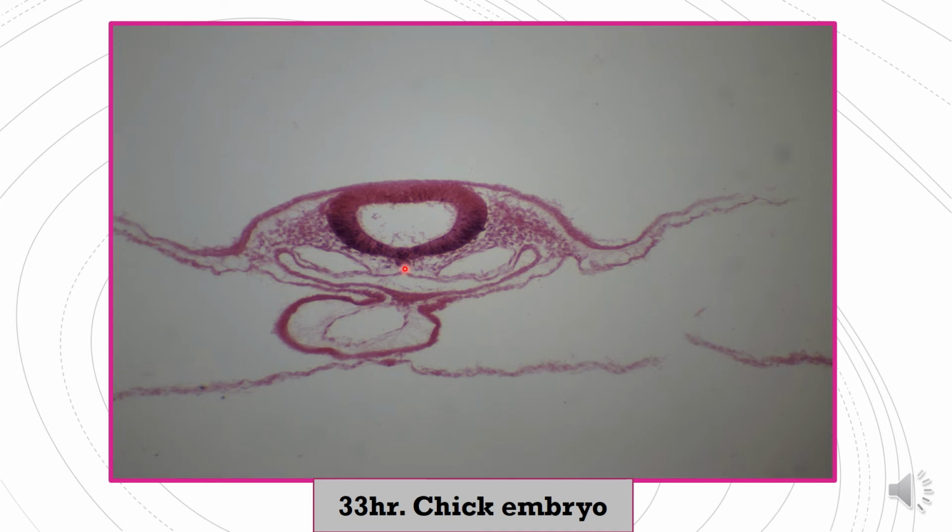Again, neural tube, notochord, paraxial mesoderm, intermediate mesoderm, parietal lateral plate of the mesoderm, ectoderm, visceral lateral plate of the mesoderm, dorsal aorta, bilateral dorsal aorta, pharynx, and this is the single heart tube, consisting of three layers: endocardium, cardiac jelly, and epimyocardium.